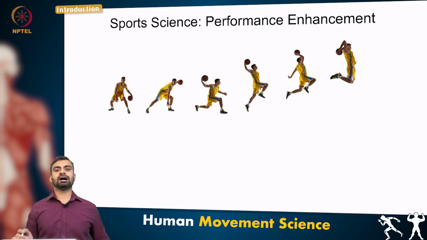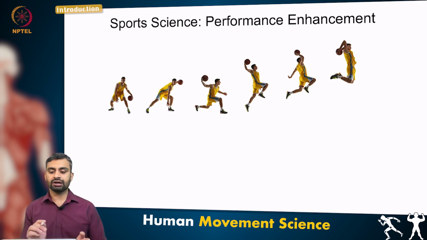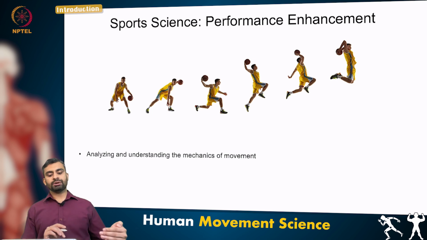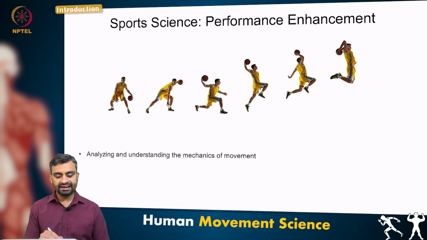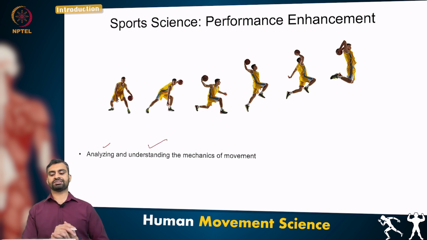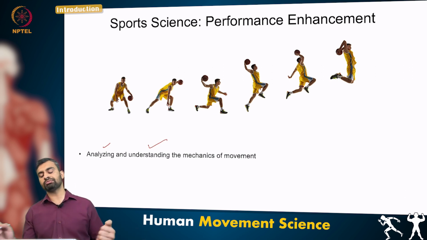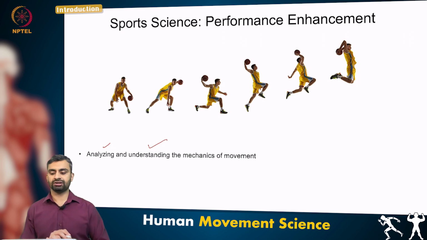So now let's see how it can help in sports science. The first thing is performance enhancement. Human movement analysis will help us analyze and understand the mechanics of movement. For example, here an athlete is taking a jump shot in a basketball game.